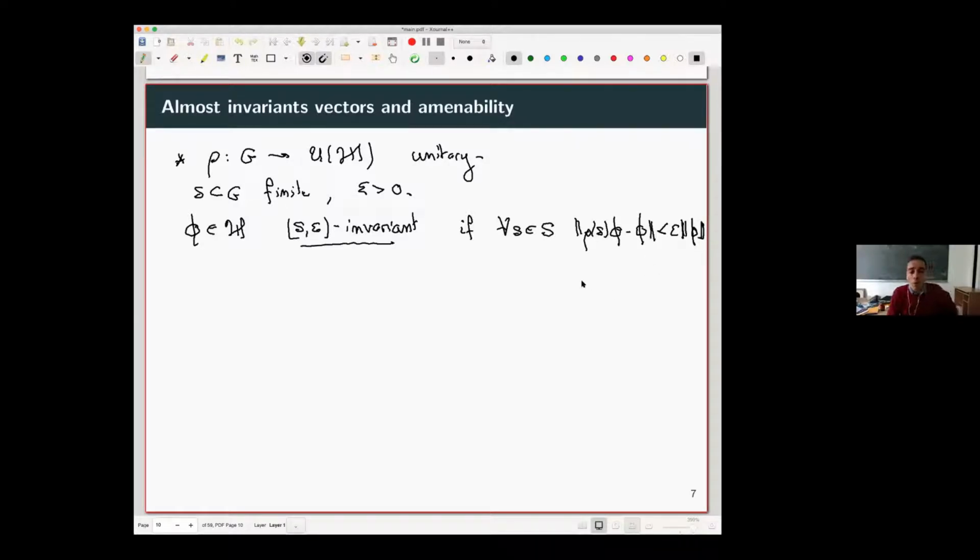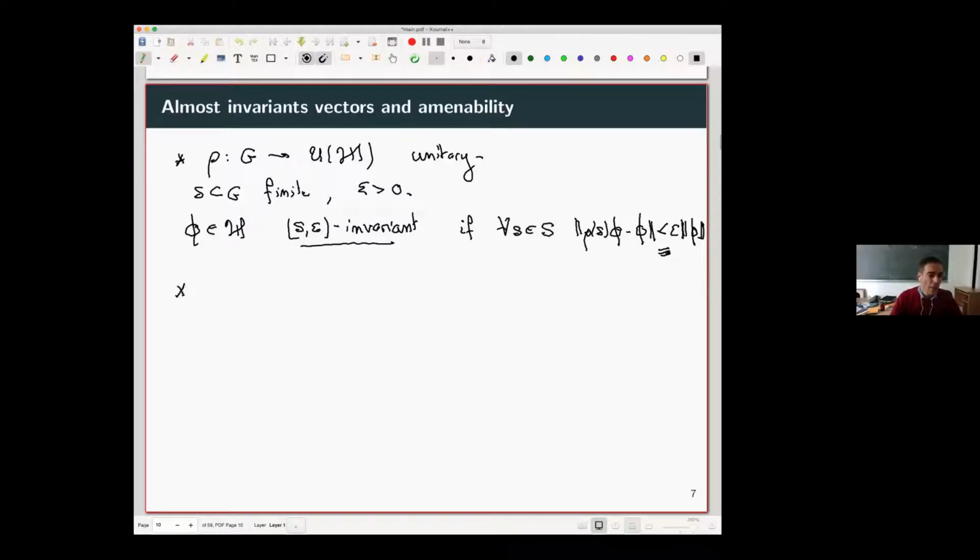So basically, I want a vector which is hardly moved by any element in my finite set. Note that the inequality here is strict, so that I don't have to assume that phi is a non-zero vector.